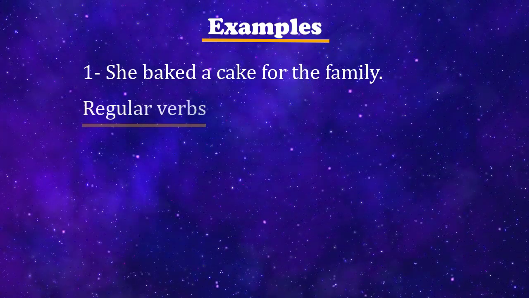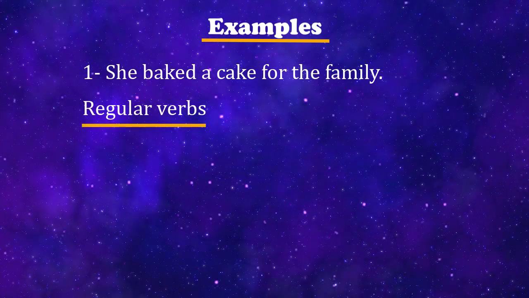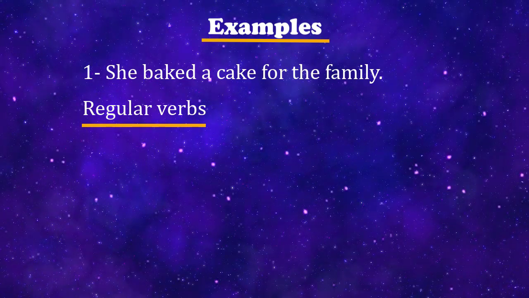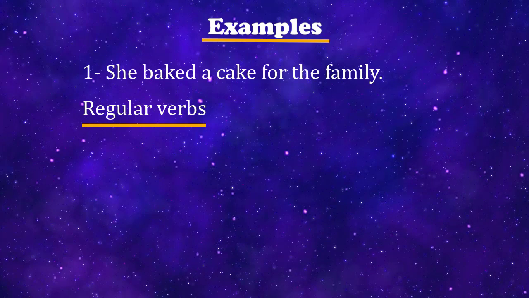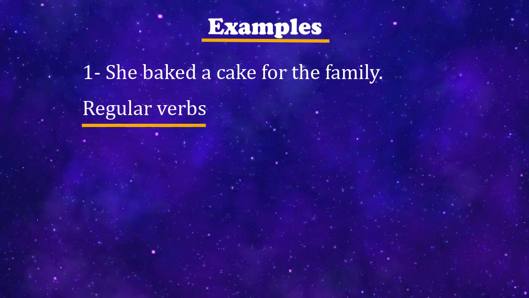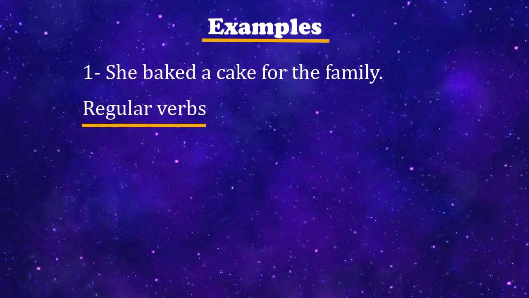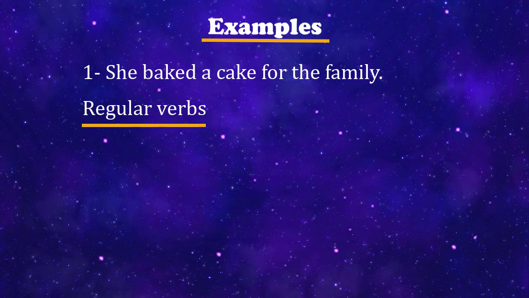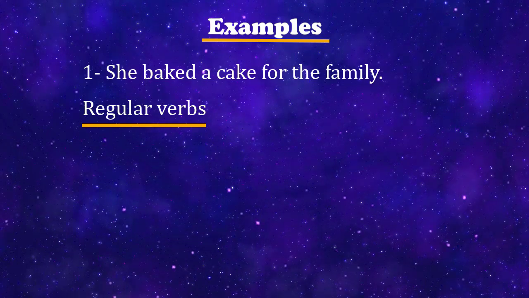Now, at this stage, I must tell you what the two kinds of verbs are, how they are used and how they are formed. There are two kinds of verbs. The first one is the regular verb and the second one is the irregular verb. For regular verbs, we just add ed at the end of the verb.